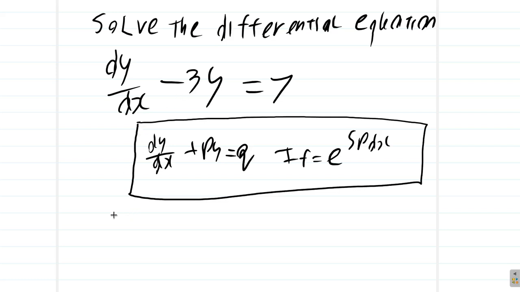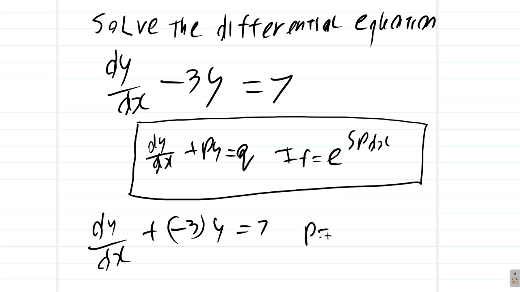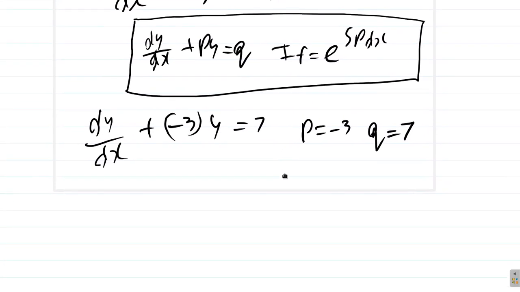Now, rewrite it: dy by dx plus negative 3y equals 7. So you can see that p is equal to negative 3 and q is equal to 7. Alright? So that's what we have there.